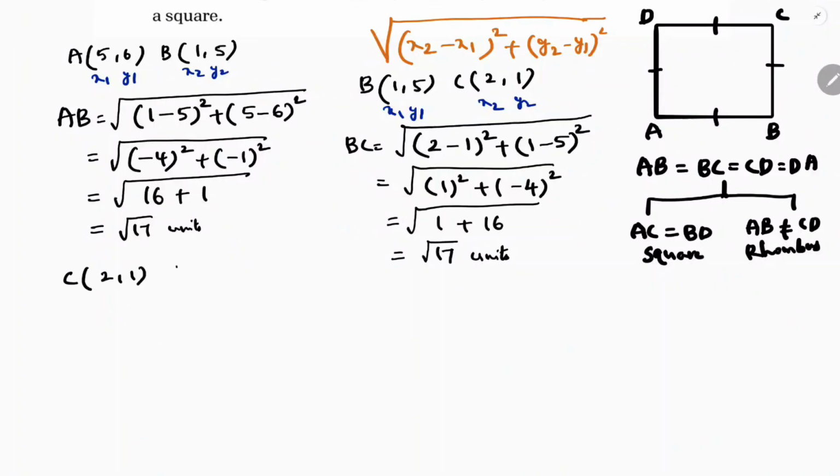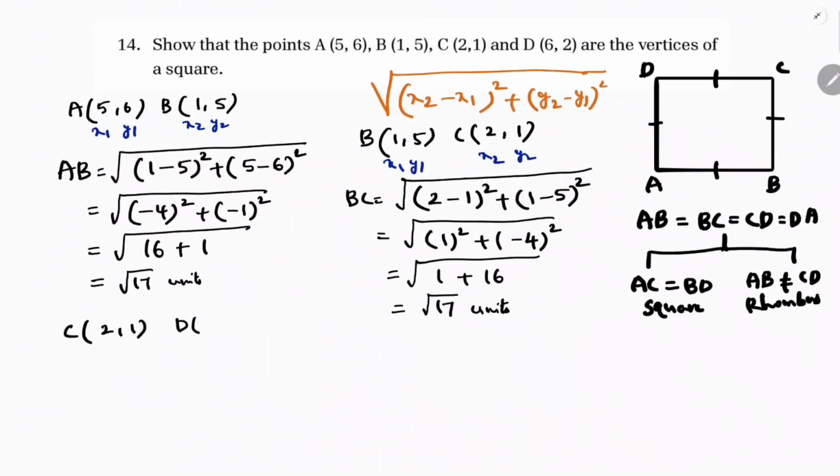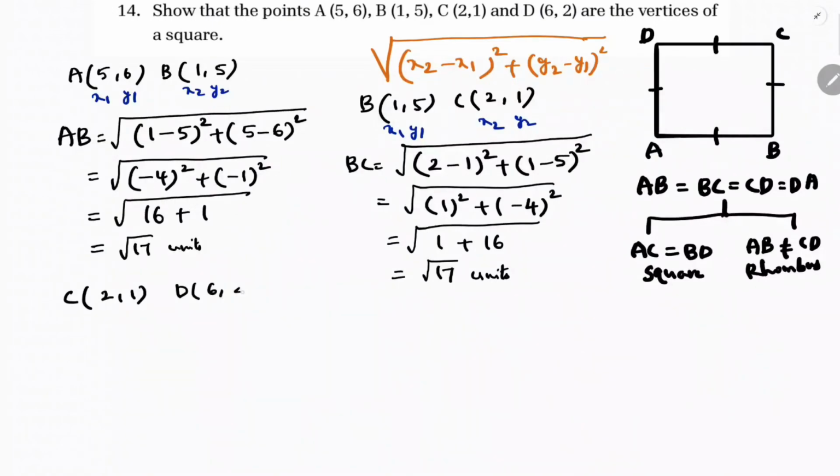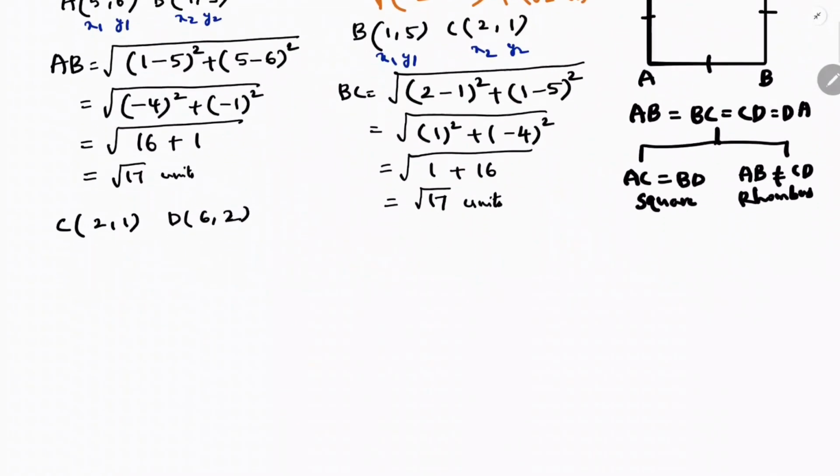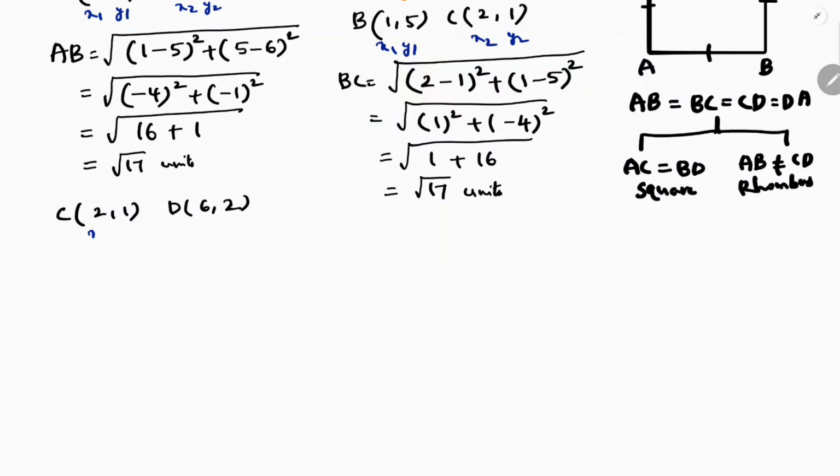C is (2, 1) and D is (6, 2). So x1, y1, x2, y2.